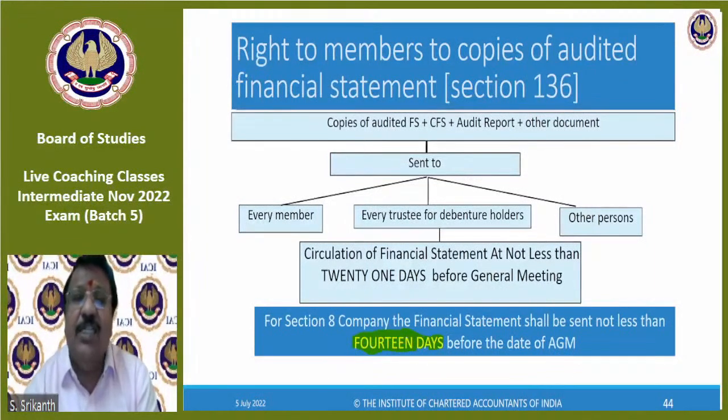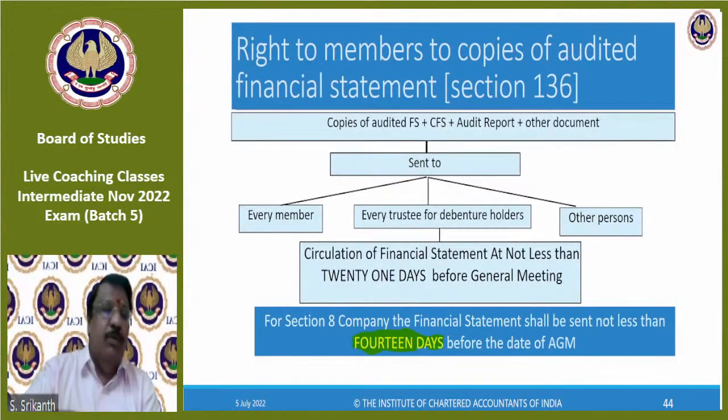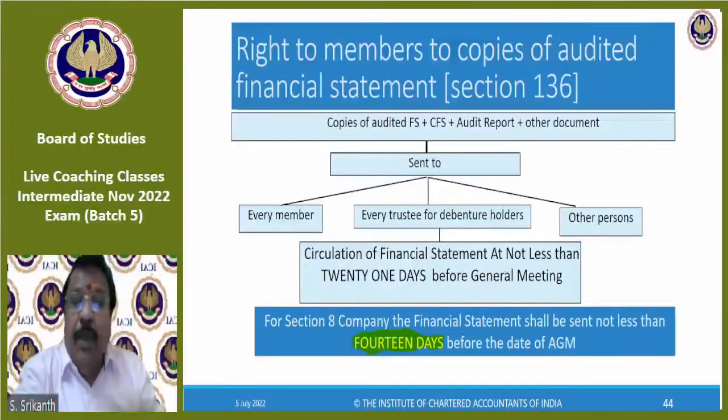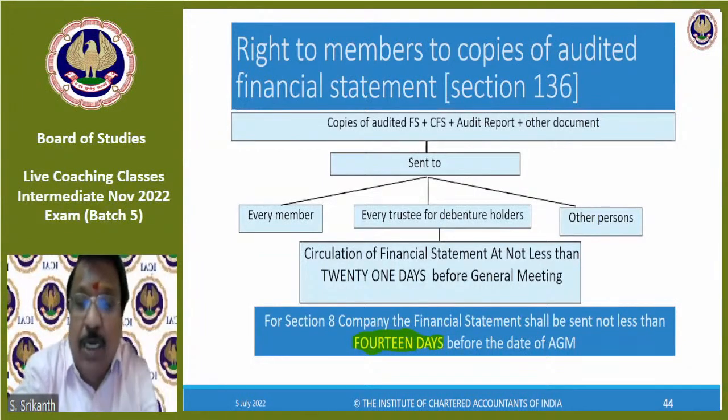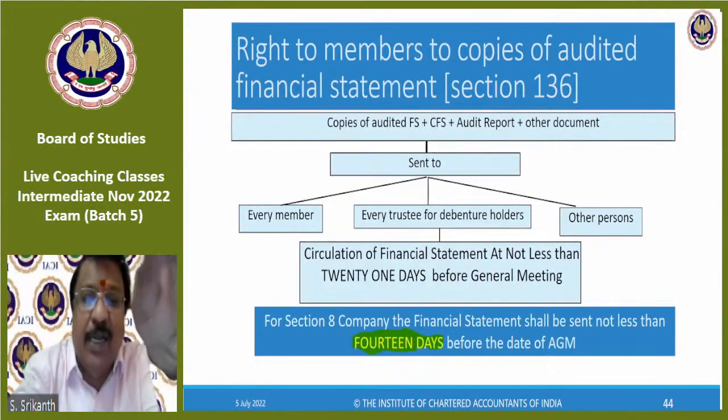The financial statement should be circulated to these people not less than 21 days before the general meeting, which is why we go back to meetings and administration. The AGM notice should be served 21 clear days before. Here they are not talking about clear days, but basically it's clear days.